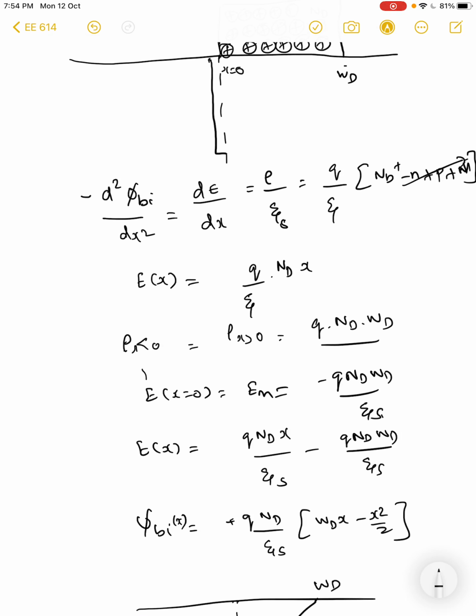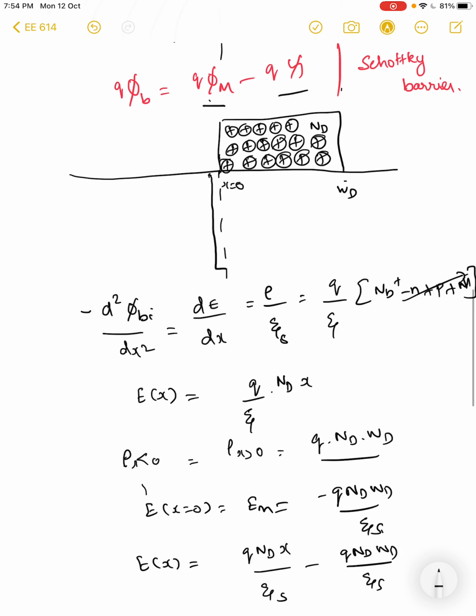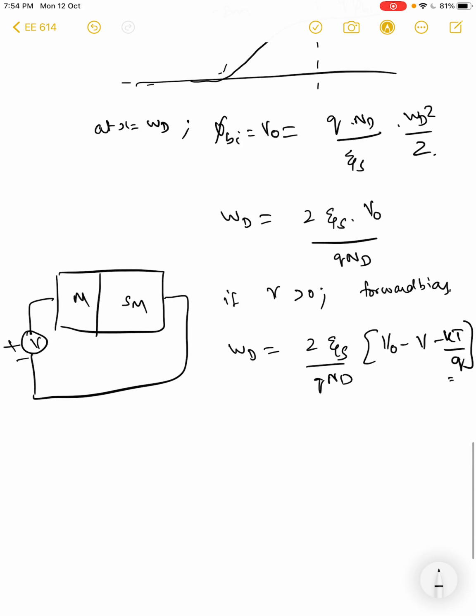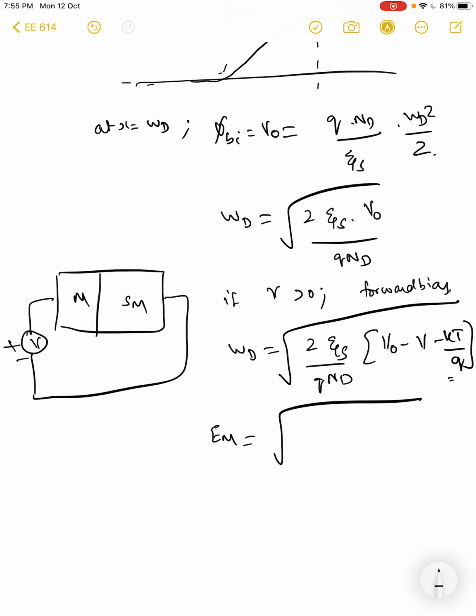So if you also account for some minority carriers, some mobile charges in the depletion width, you get this kt by q, which is what we saw in the p-n junction treatment as well. So if this is the width, then the maximum electric field will be root 2 q nd by epsilon s v naught minus v minus kt by q.